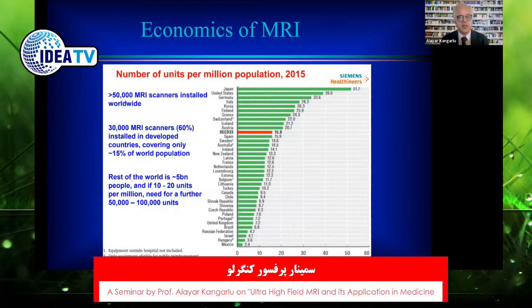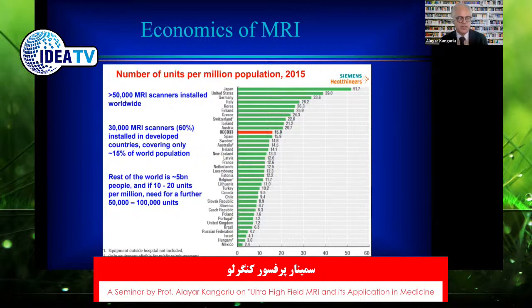This is the MRI yardstick for the classification of the countries, and you can see that in terms of the number of MRI scanners per million population, Japan has the highest in the world at 51. And then all the rich countries basically constitute the top of this table. United States has 39, and although the number of scanners per million population for the United States is less than Japan, in terms of absolute numbers, the United States is the record holder.